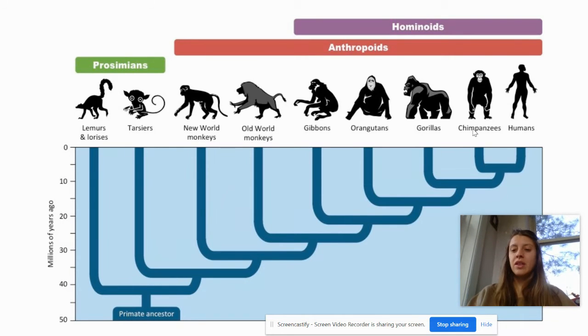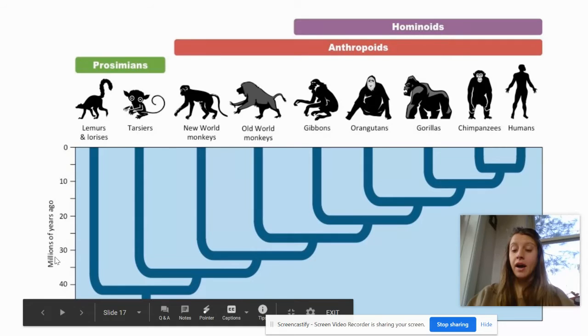So chimpanzees are more closely related to humans than they are to gorillas. And what I would recommend, if I ask you in the form how many millions of years ago organisms share a common ancestor, then you're going to want to go to this side.